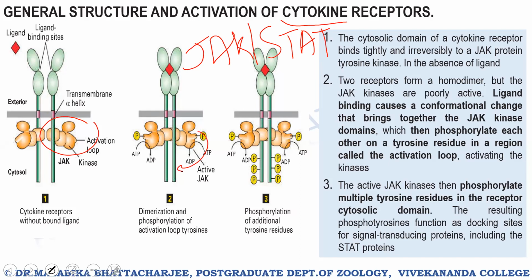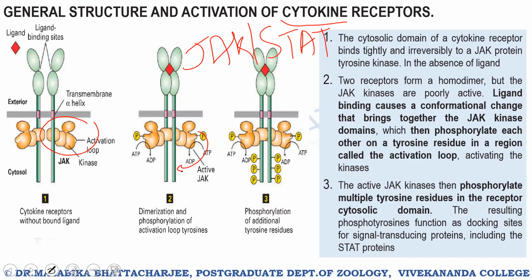So drawing a similarity with the Janus god, this name is given as JAK, which can phosphorylate and activate gene regulatory proteins, which are known as STAT. The full form of STAT is signal transducer and activators of transcription.